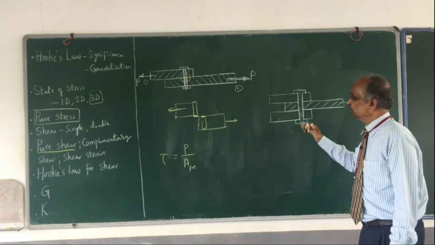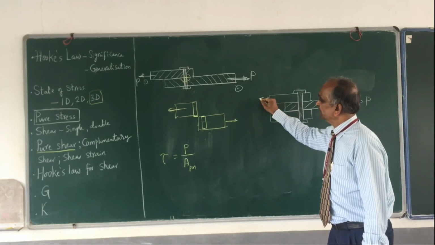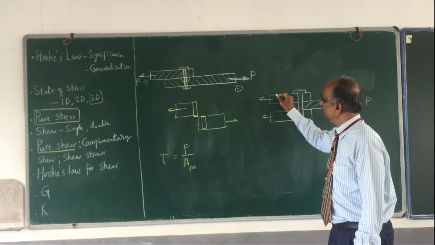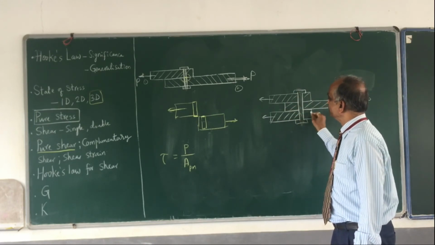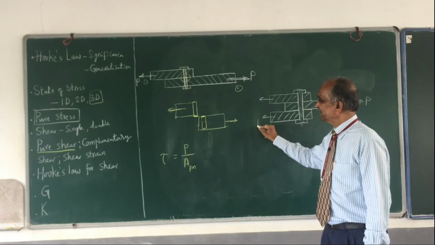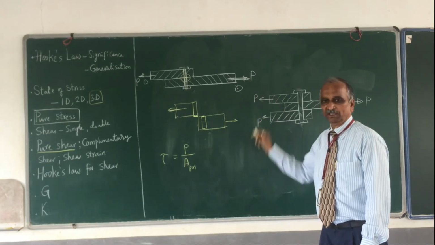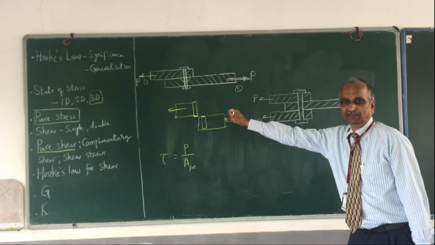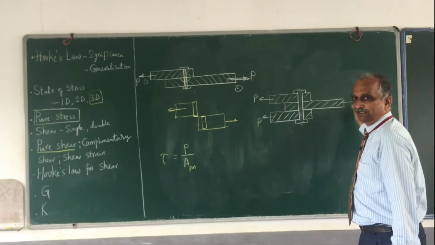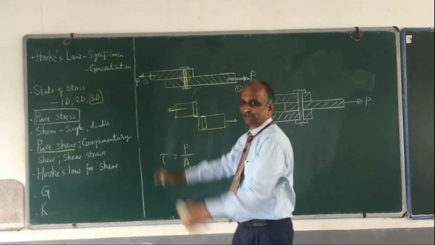Okay, this is not allowed to move, and by pulling it this side also, please remember it is not hollow. This side is also one plate, and this is another plate. So how much force are you going to apply? If you apply P and P here, it is not in equilibrium. P and P, 2P is on the left side, P on the right side, and the whole unit will start moving in this direction.